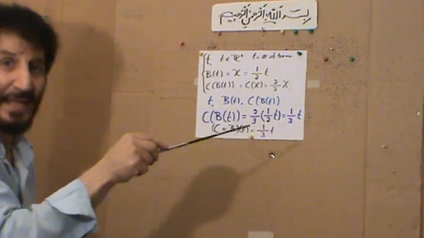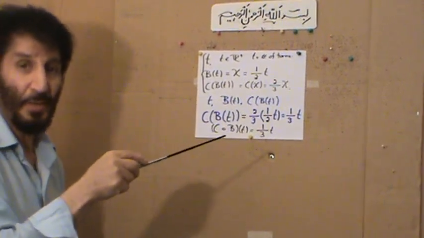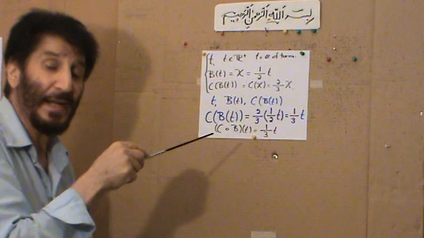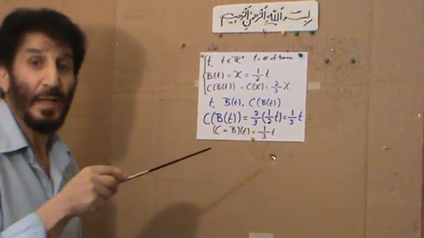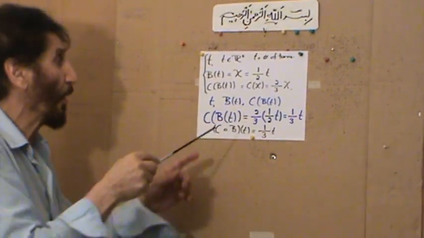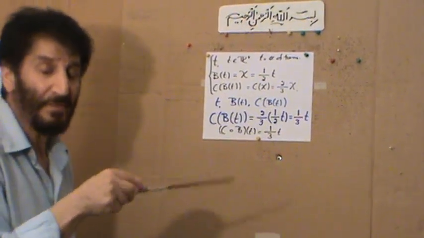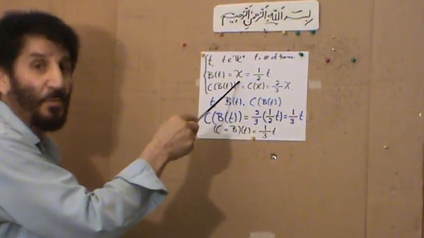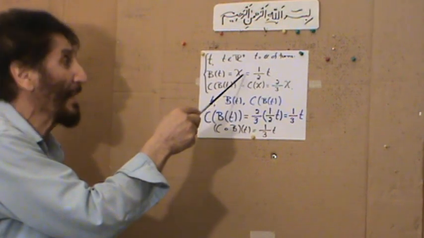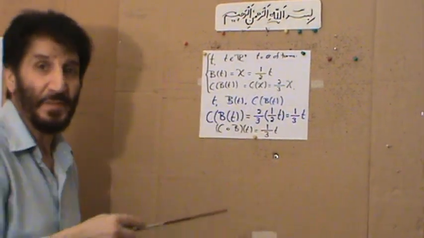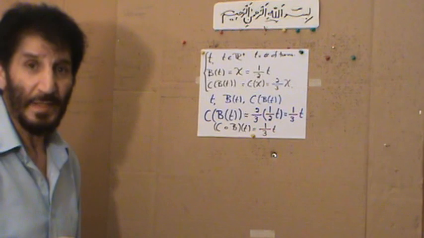Then the second gear, as you notice, is a function of the first with respect to the rotation. So b of t, how many times will that rotate? Let's say that to be x, and that x will be 1/2 of t. I went over that.